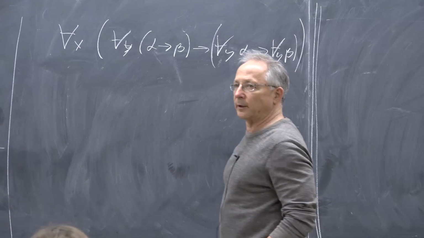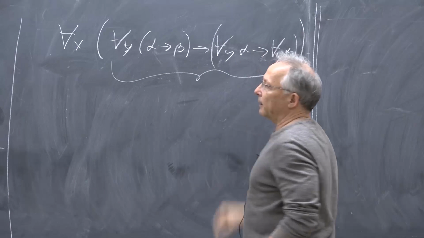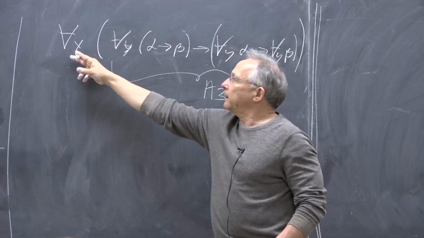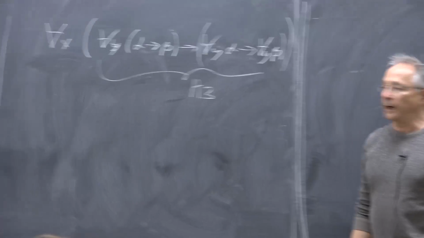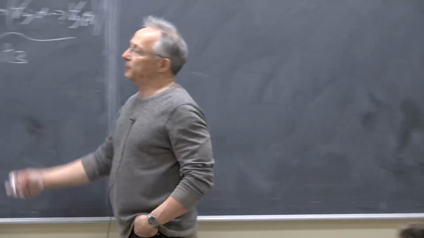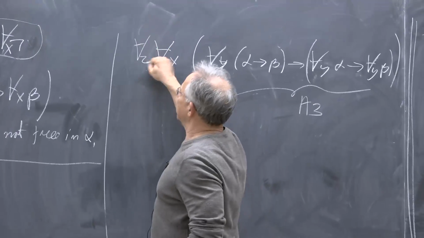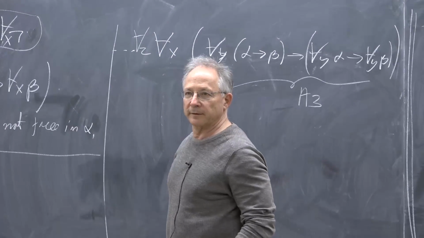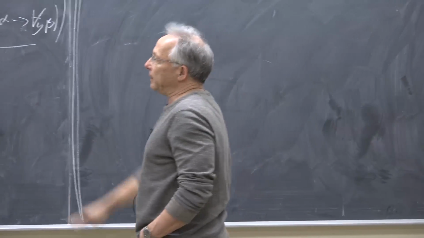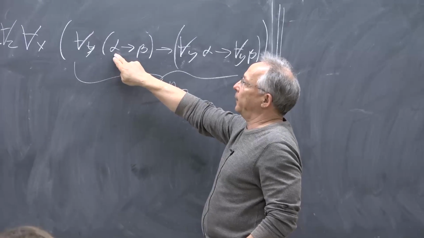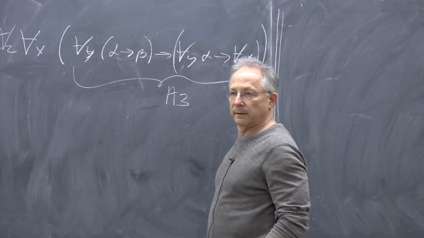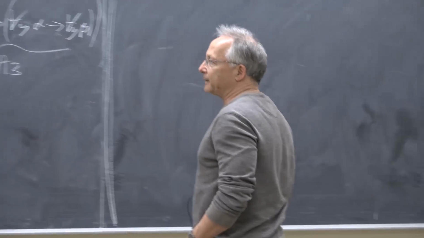This is going to be an axiom because this was an axiom of type A3, and I can add universal quantifiers over axioms, and this will still be an axiom. And it will still be an axiom if I add here now for all z, whatever for all z I want. And this holds even if I have z or x free in alpha and beta. Okay, so these are my axioms.